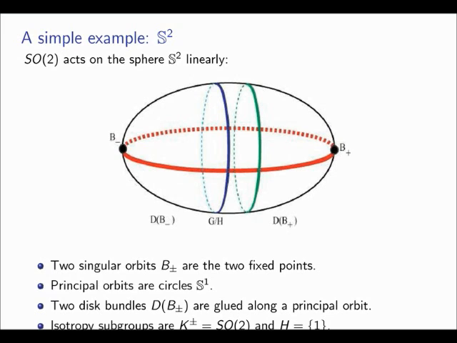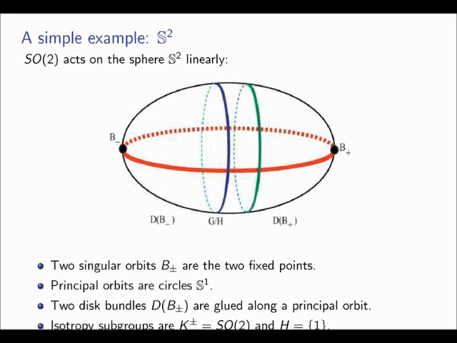And then you can look at the two disks. Around this B minus, for example, you have this disk here, right? And another disk is given by the green circle, and the center of the disk is B plus.